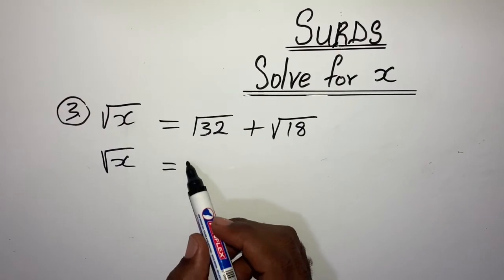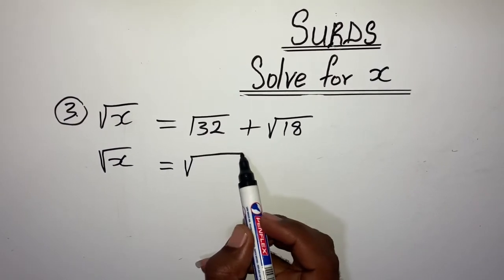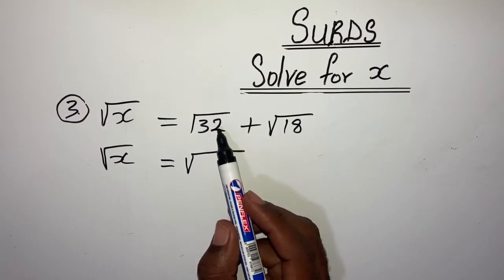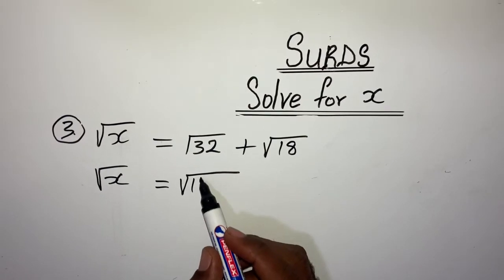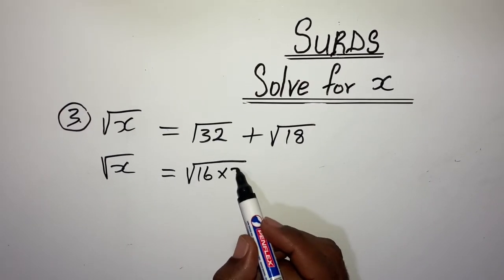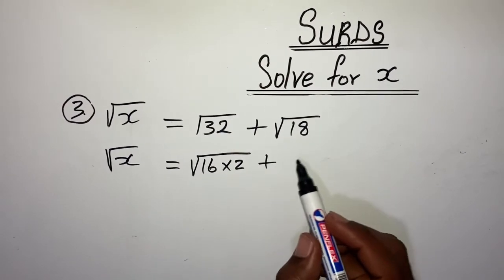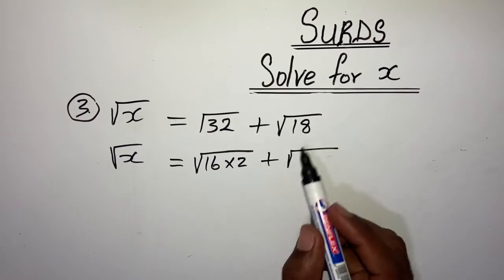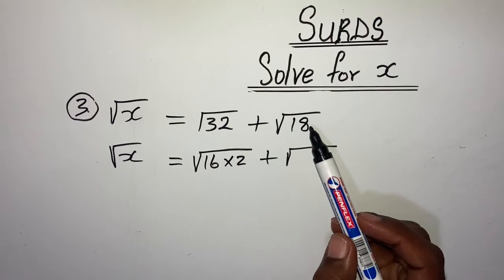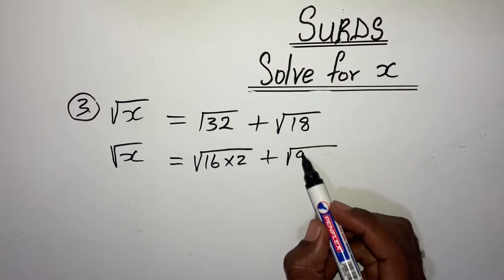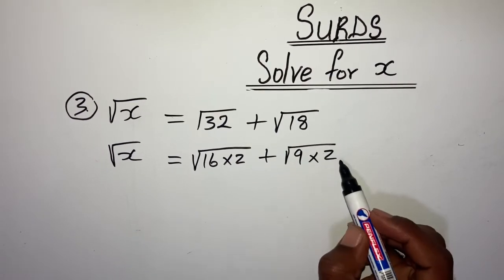So for 32, I must find two numbers that will multiply and they'll give me 32. One of those numbers must be a perfect square. So I'm using 16 times 2 plus, I do the same with 18. I need two numbers that will multiply. They must give me 18. One of those numbers must be a perfect square. So I go for 9 times 2.